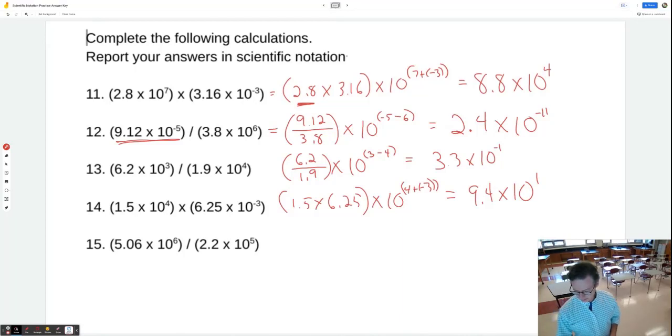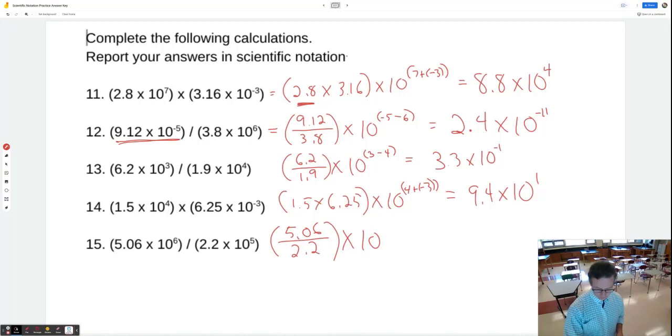Last one on this page is 5.06 divided by 2.2 times 10 to the 6 minus 5th power. Okay, so that comes out to 2.3 when we divide the 5 over the 2, and times 10 to the 1st again.